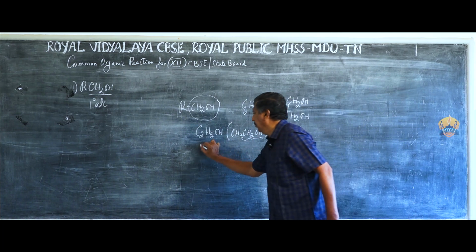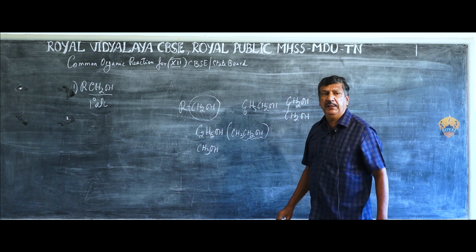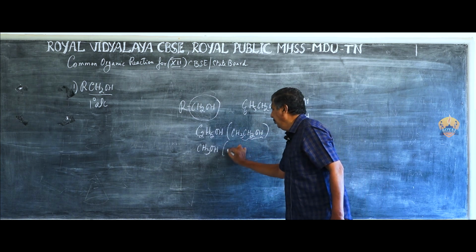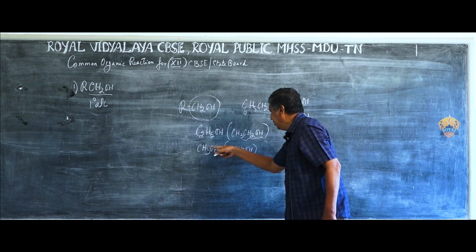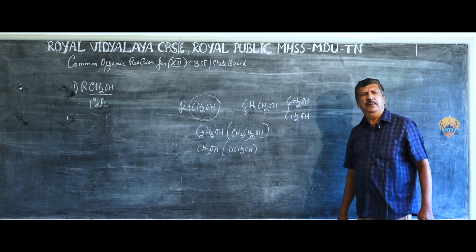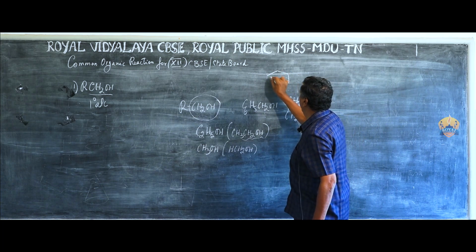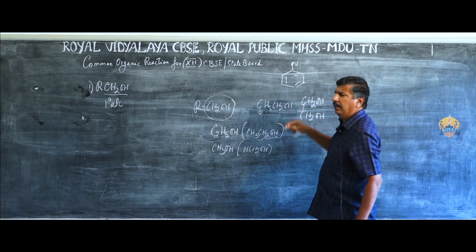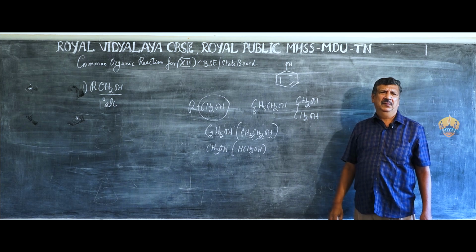Then what about this alcohol? You may ask me, what about this alcohol, methyl alcohol? It is also a primary alcohol. Why? You have to view like this. When you view like this, you can understand it is also a primary alcohol. Then what about phenol? Whether it's a primary or something? No, it is not at all alcohol.